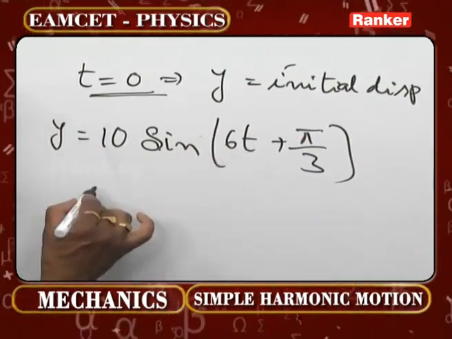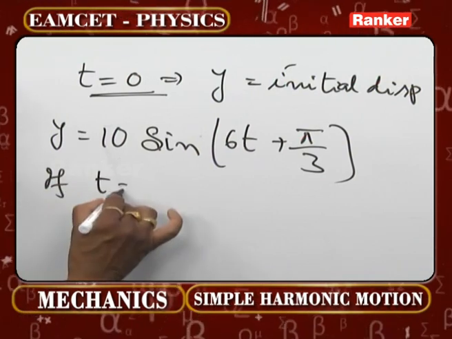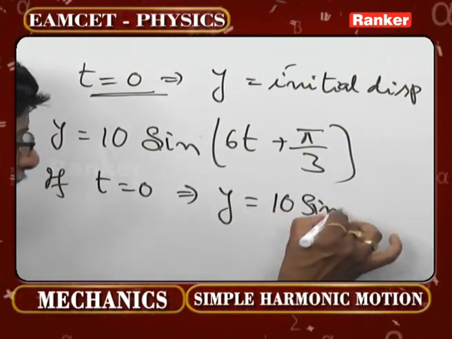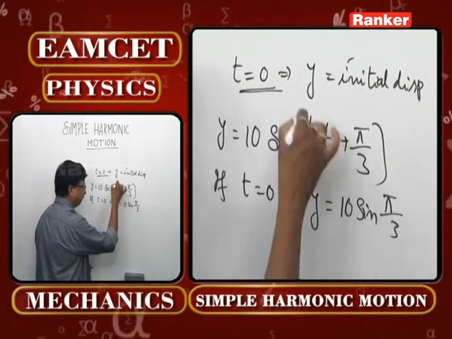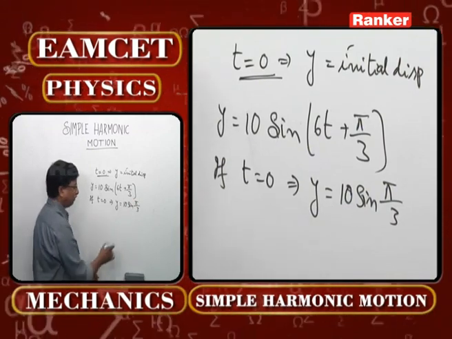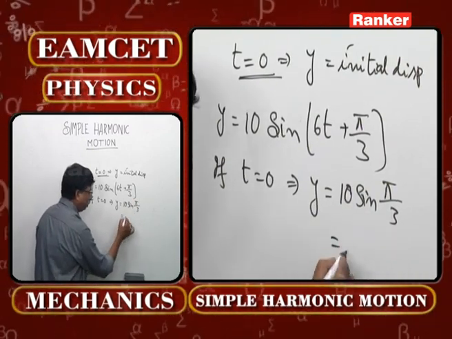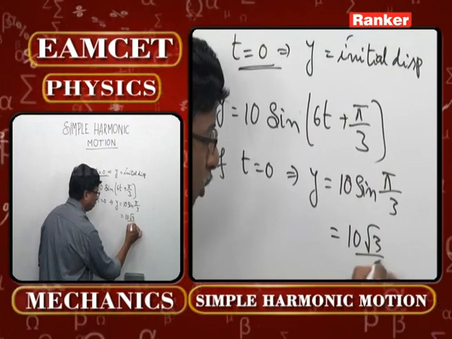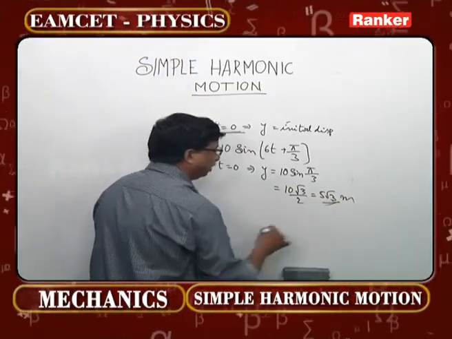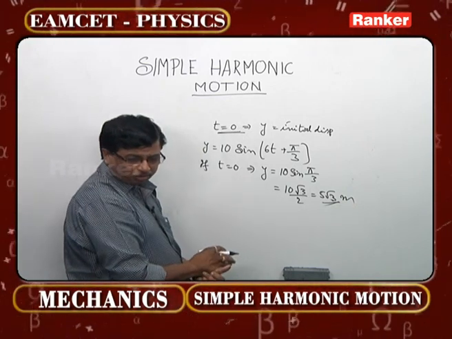So if t is equal to 0, what happens to y? You get 10 sine pi by 3, because 6t gets cancelled. Sine pi by 3 being sine 60 is root 3 by 2. You can write 10 root 3 by 2. That now becomes 5 root 3 meter. That is the corresponding initial displacement.